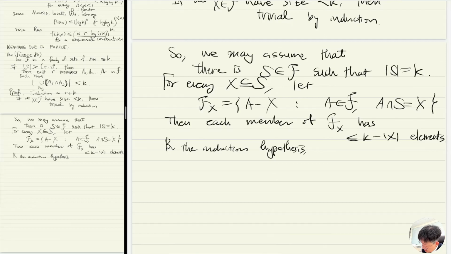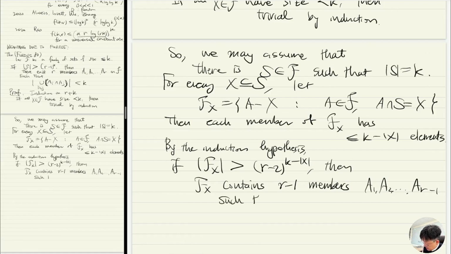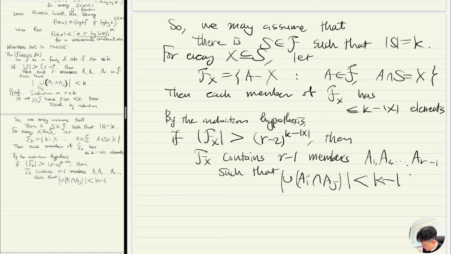So if f(X) is bigger than (r-2)^(k-|X|), then f(X) contains r-1 members, A1, A2, ..., A(r-1), such that the union of intersections is less than or equal to k minus |X|.